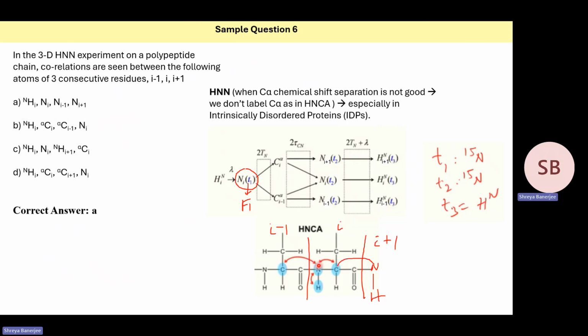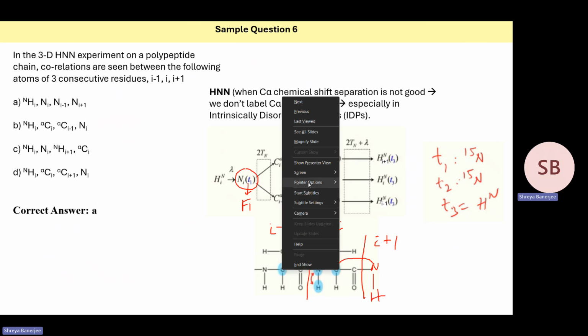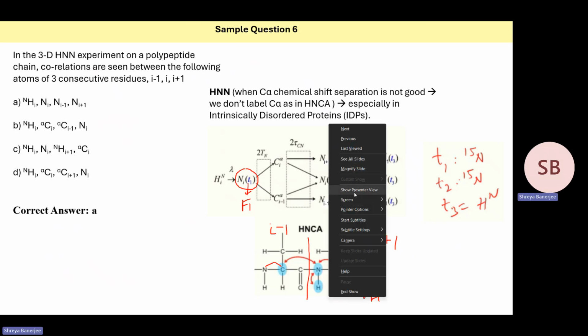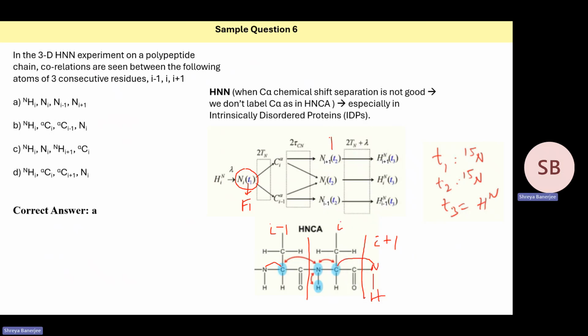So it comes here. And from C alpha i minus 1, it goes to N i minus 1 and back to N i. Now you are detecting in the T2 or F2 axis the 3 nitrogens of 3 consecutive residues, i minus 1, i and i plus 1.